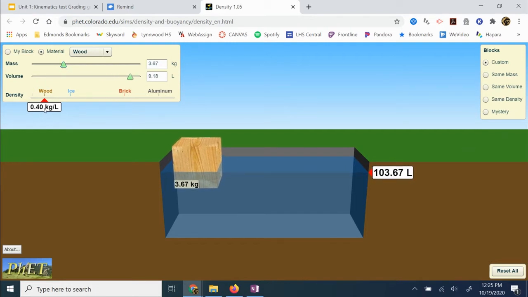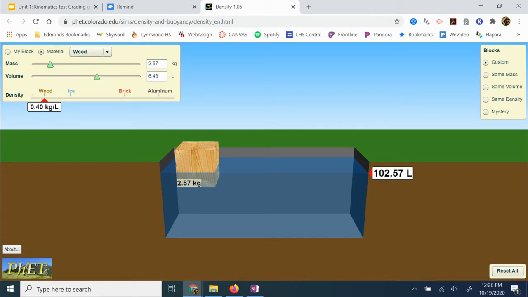So you can't change the density of your piece of wood. If you want a heavier piece of wood, you have to get a physically larger piece of wood. Because you can't change the density of wood, if you want a heavier piece, you just go get a bigger piece of wood. So that's what's going on there.